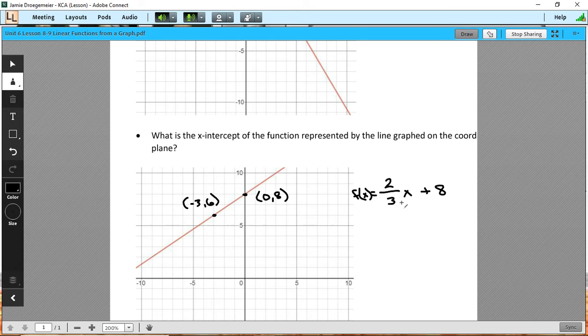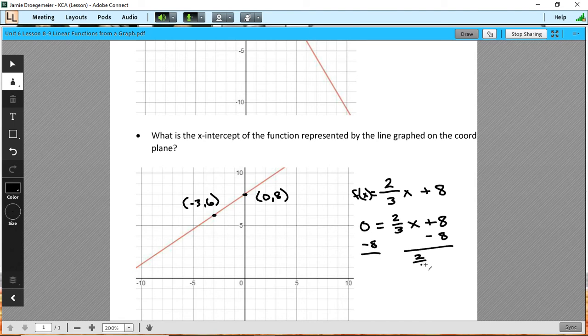Well, if we want to know the x-intercept, we want to know what's the value of x when y, or that f of x, is 0. And so I need to solve this equation for x. I would start by subtracting the 8 from each side.